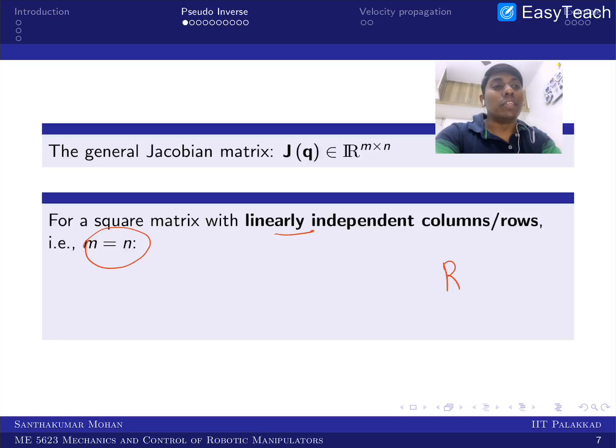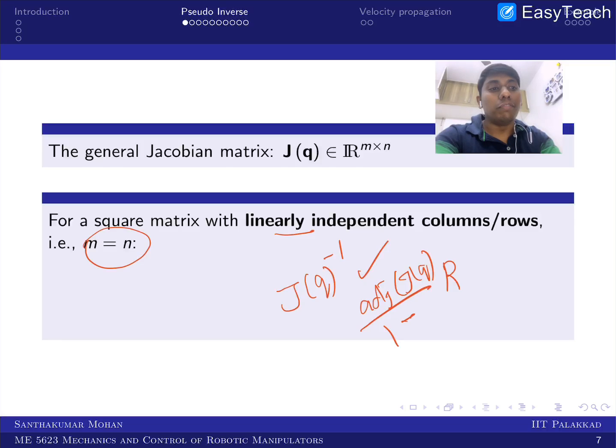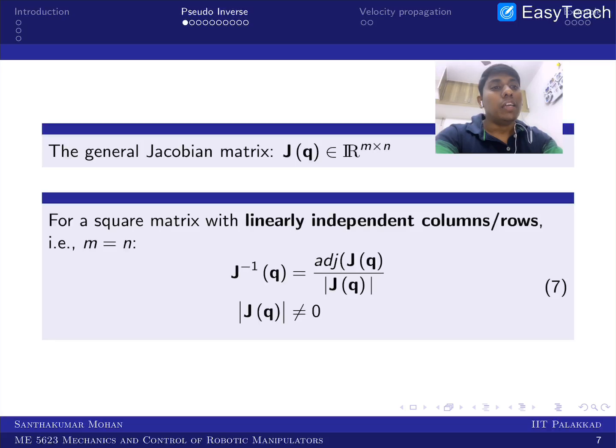So the determinant is non-zero, right? So J of q inverse exists. That is the adjoint of J of q divided by the determinant of J of q, right? This is what we have seen in our matrix algebra, and if the determinant is non-zero, then this is possible.